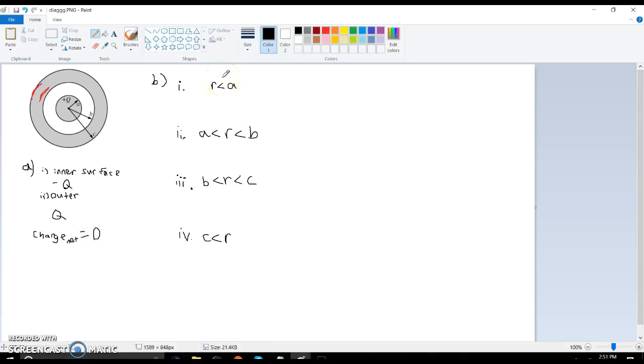In part 1, we're asked to find the electric field if there was a surface with a radius that's less than A. So we know, according to Gauss's law, that E times A, where the area is 4 pi r squared for a sphere, EA is equal to Q enclosed over epsilon naught.